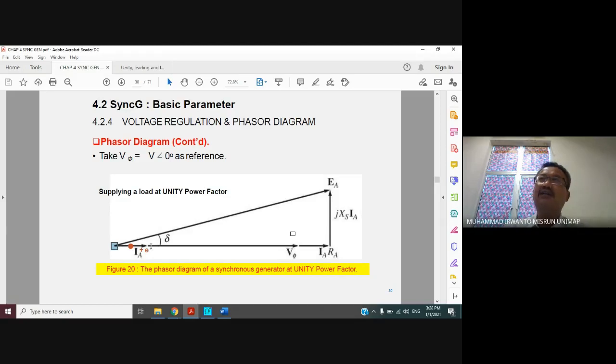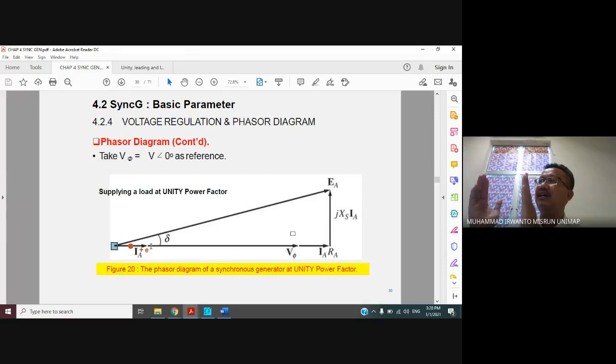This is IA. After that you draw the voltage drop in the armature resistance, meaning you have the RA value, IA RA. How many volts? Follow the scale.